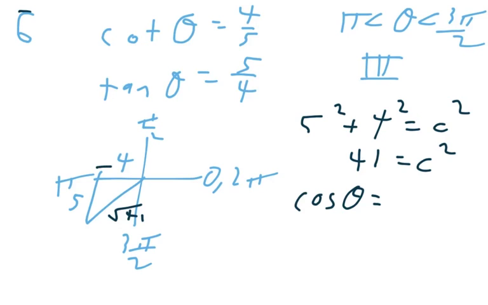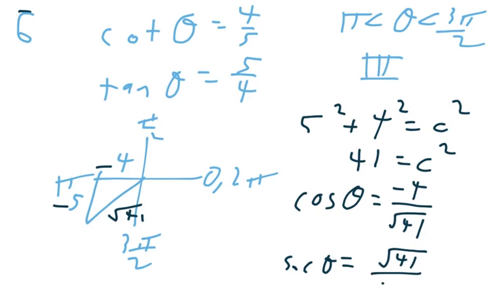And by the way, I forgot that this should be a full -4 and -5 because we are left and down. So the adjacent is -4 over the hypotenuse, which is the square root of 41. So the secant of theta is going to turn out to be the square root of 41 over negative 4, and really the negative can be anywhere just so long as the answer is negative.